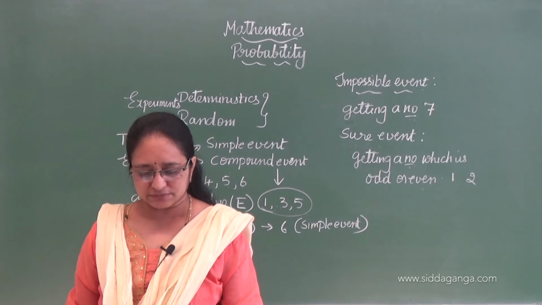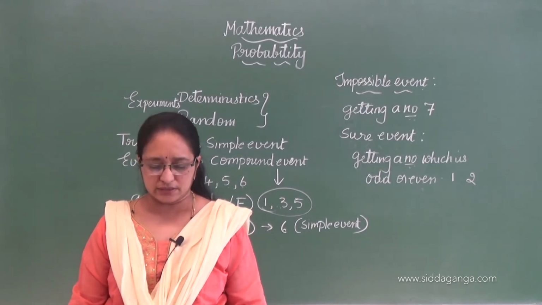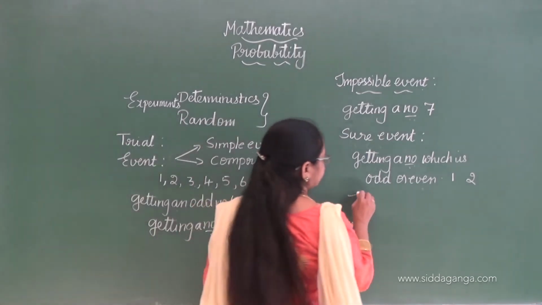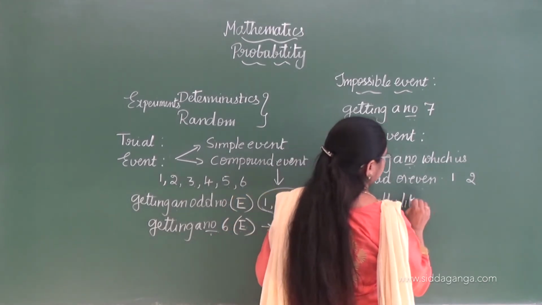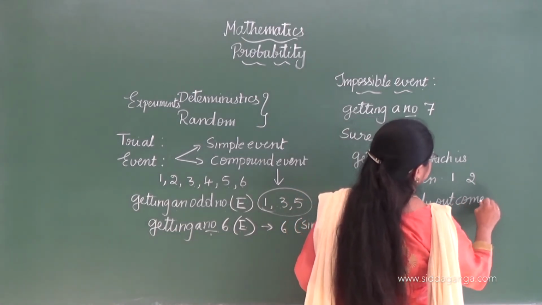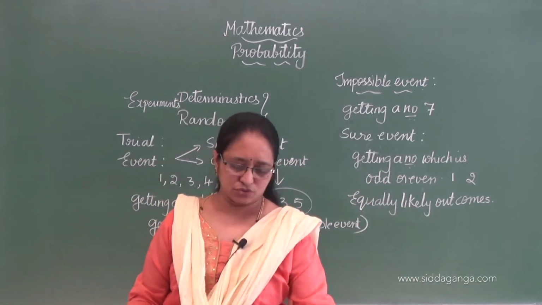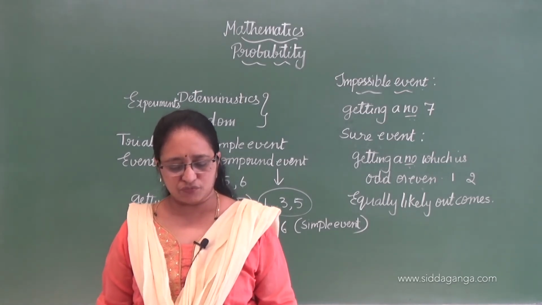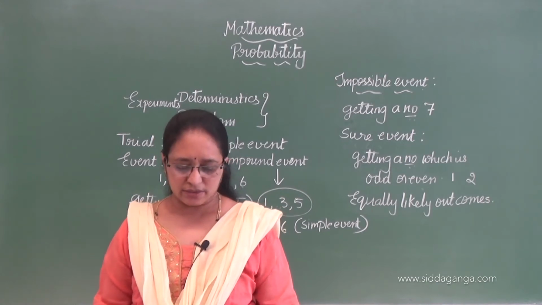Okay. The next is equally likely outcomes. Two or more outcomes are said to be equally likely outcomes if each outcome has the same chance of appearing as any other.